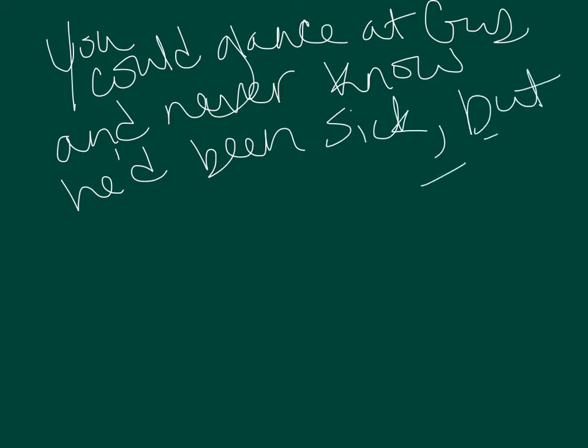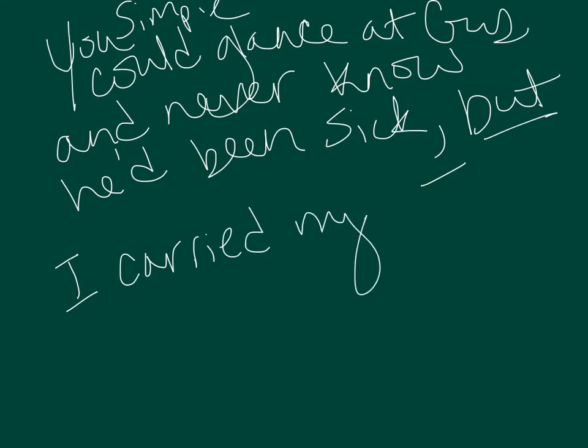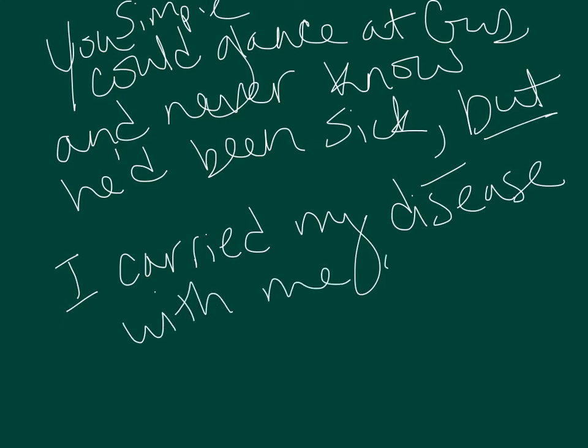So this is our comma and our FANBOYS conjunction, so we have our simple sentence here. Then we have our comma, and we have our conjunction, and then we have the other simple sentence. But I carried my disease with me on the outside.